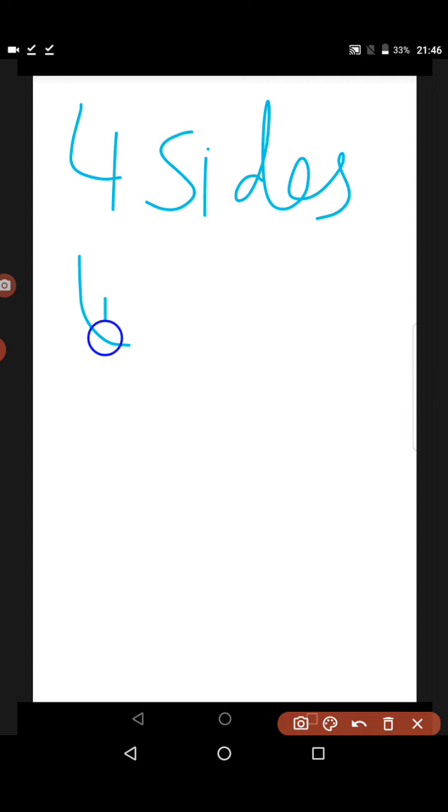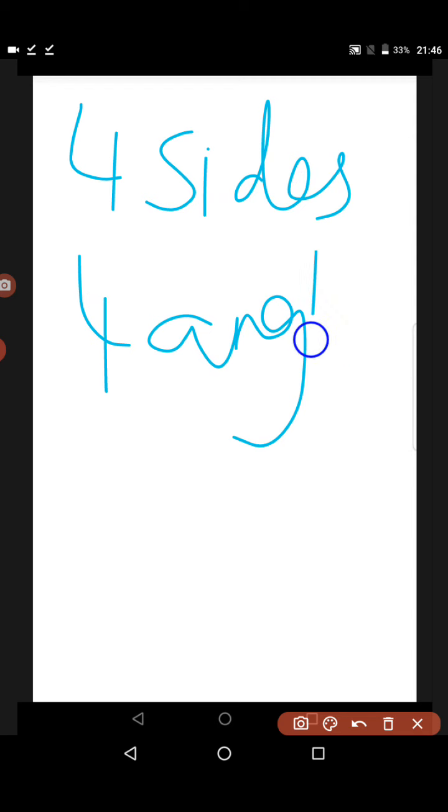So what did we find? 4 sides, 4 angles and 2 diagonals.